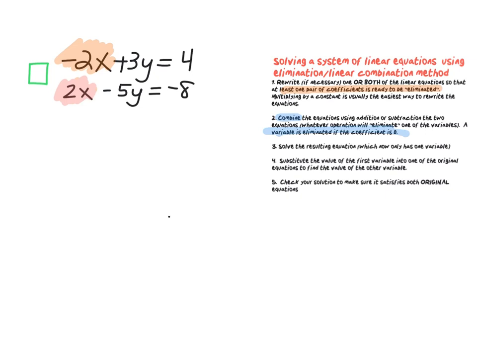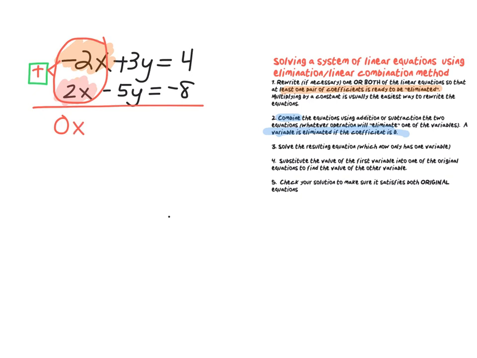As we said over here, we want to combine them in a way that would make the x's go away. So a negative 2 and a positive 2, in order for those to go away, I have to add them. So I'm adding these two equations, combining them with addition, up and down. Negative 2x plus 2x is 0 x's.